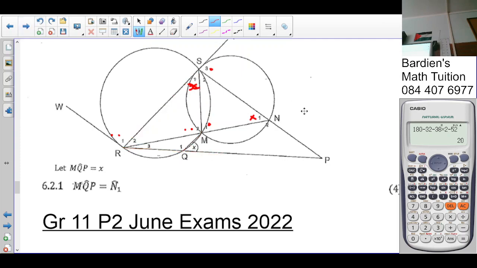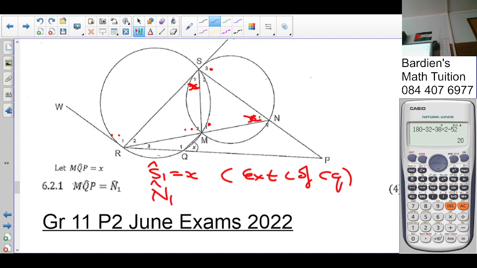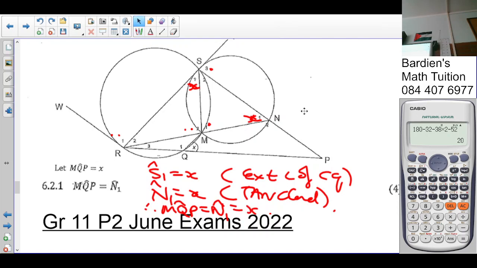So S1 is equal to x. Why? Exterior angle of a cyclic quad is equal to the interior opposite. Then S1 is equal to N1. Why? Because of the tan chord theorem. Therefore MQP is equal to N1, which is equal to x. So that job is done.